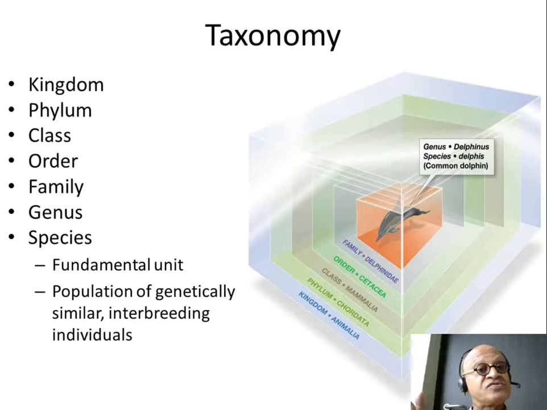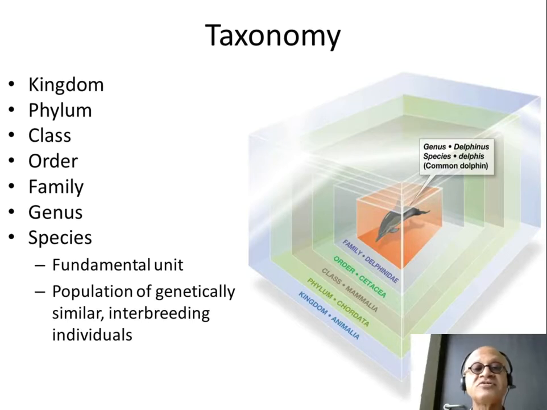It cannot reproduce. So strange things can happen. Nonetheless, if you take something like a dolphin, it's in the genus Delphinus, species delphis, so it's a common dolphin. In the family Delphinidae, order Cetacea, class Mammalia, phylum Chordata and kingdom Animalia.